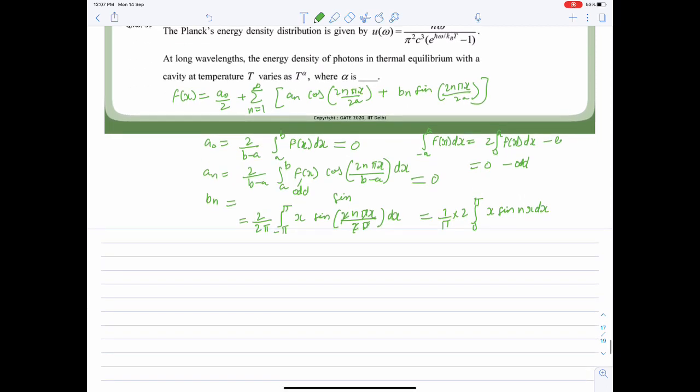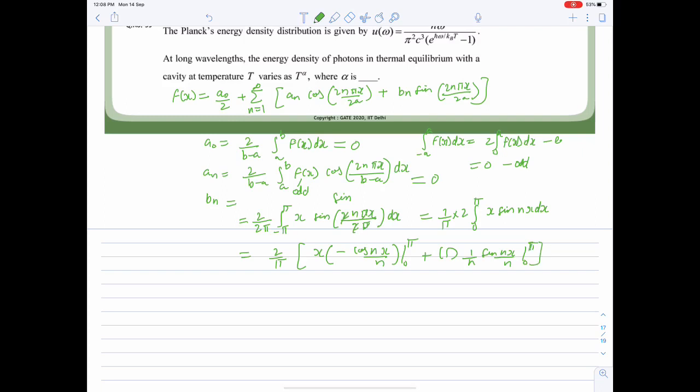So when I apply this, 2 upon pi, and when you apply integration by parts, x, and at this stage you should know integration by parts, I will not explain this. So minus cos nx upon n from 0 to pi, plus the integral of 1 times, in differentiation, sin nx upon n, from 0 to pi.